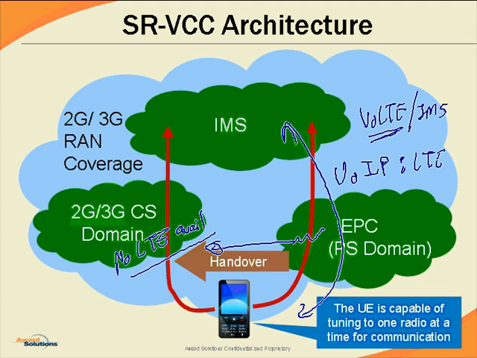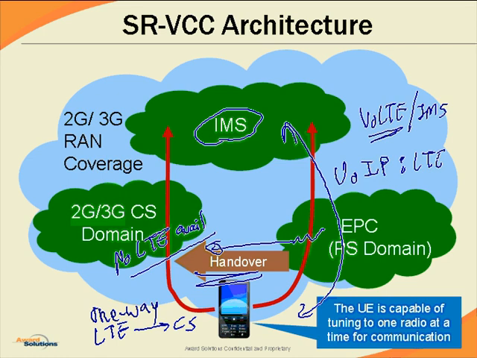And now, when you do the handover, it's called SRVCC, single radio voice call continuity. You are able to continue your voice call even as you go into another technology area. IMS is still the anchor. IMS will help us do this kind of handover. Now, currently, in the standard, this is one-way handover from LTE to legacy technology. In future, we will have bidirectional handover.